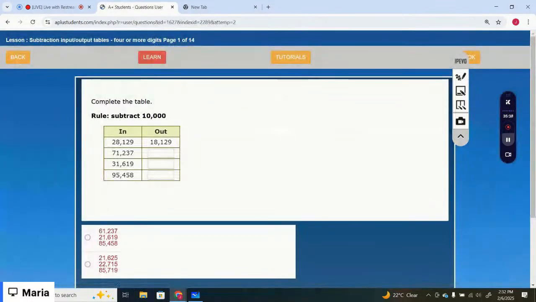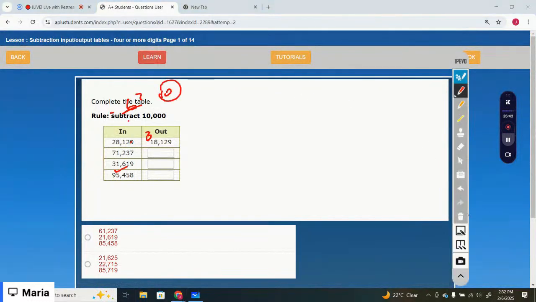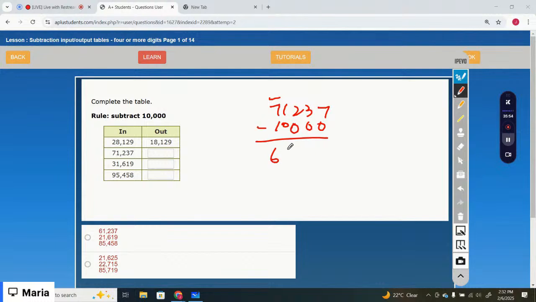Complete the table. We have to subtract. So 71,207. You have to subtract 10,000. Only the digits that is at the 10,000 position is changes. So that is 6,100. 61,237, 21,619, and 85,458.